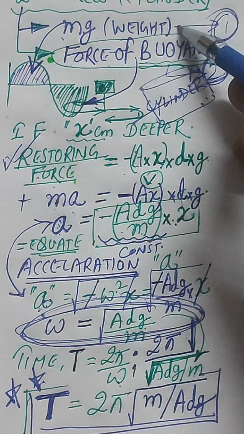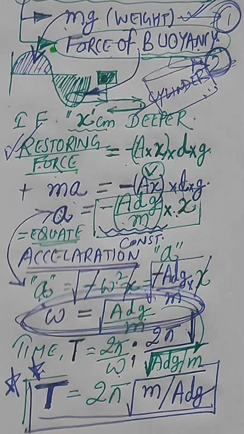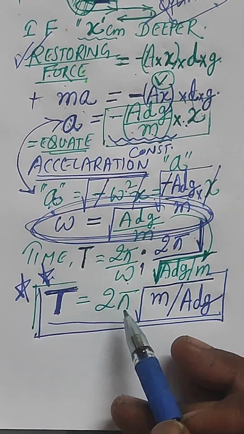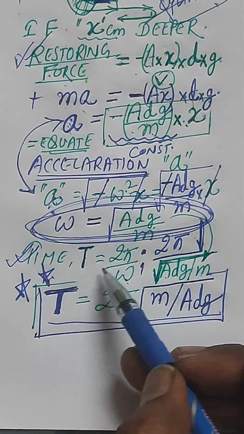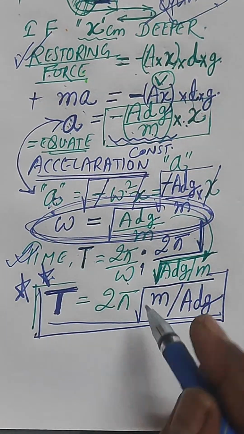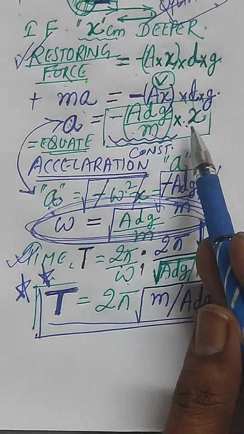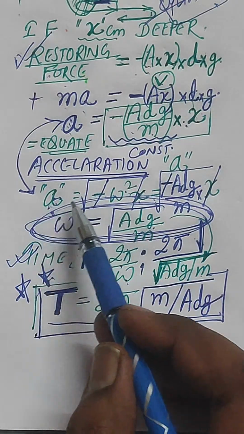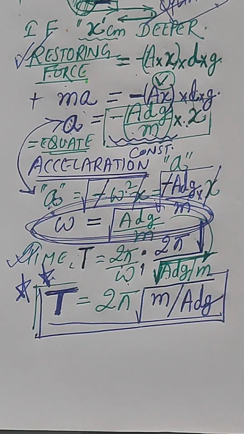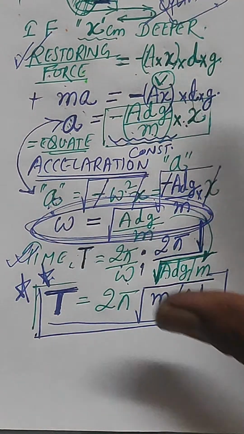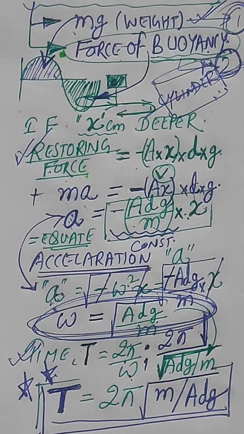Weight equal to mg is formula number 2, and T equal to 2 pi by omega. I think you already remember this because we have been learning it since class 6 and 7. So that's 3, and for simple harmonic motion, acceleration equal to minus omega square x. It will come into class 11, don't worry. But only 4 concepts or 4 formulas we have used and just stitched the things together, nothing else, right?